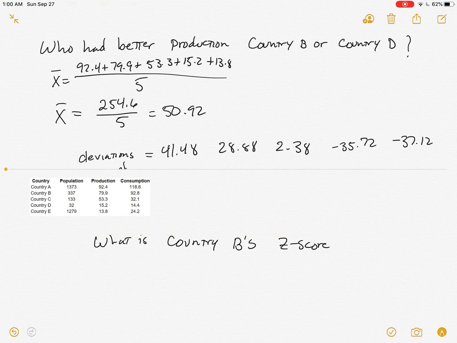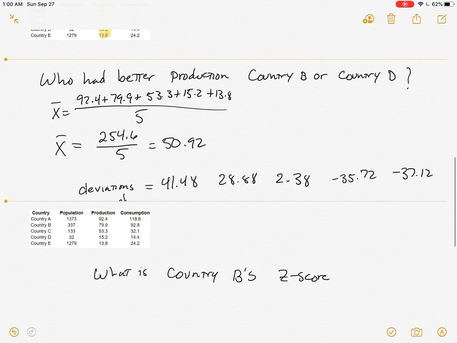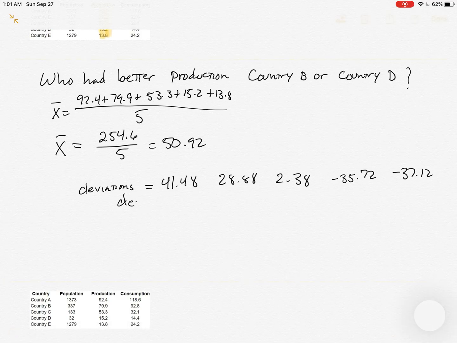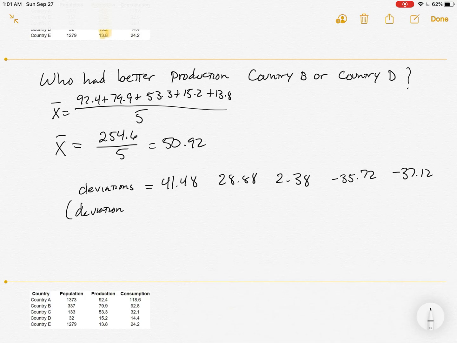And what's this? You got to get your, let me move this down. See if it'll let me move it down. You got to get your deviations squared. And so you got to take this 41.48 and square it, and add to that the 28.88 squared, and add to that the 2.38 squared.